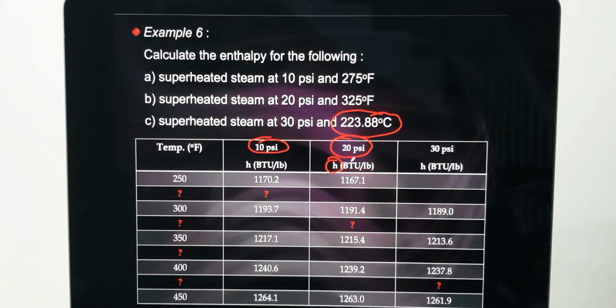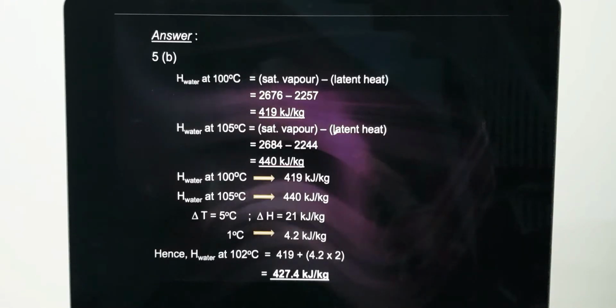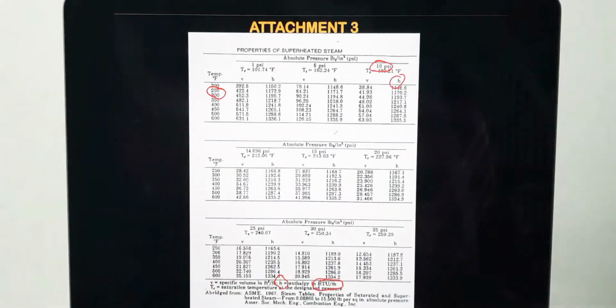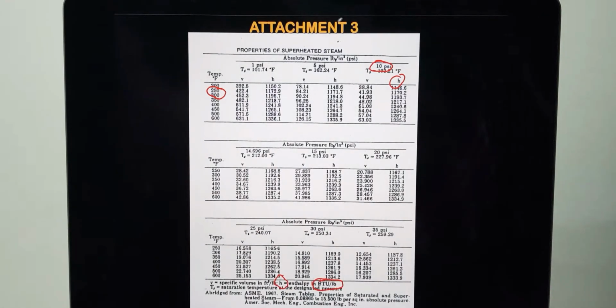You can look back in the superheated steam table. It is located at the bottom part of the steam table. So for example, at 10 psi, this H represents the enthalpy, and the unit is written as BTU per pound for this superheated steam table.